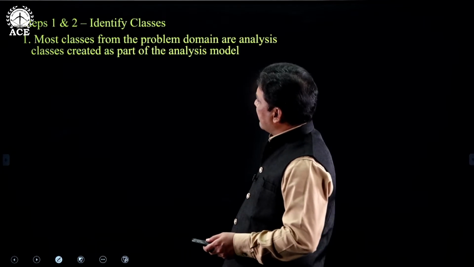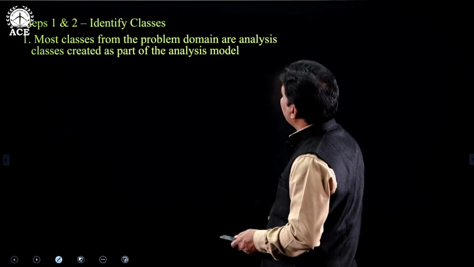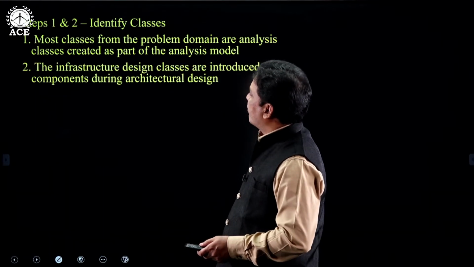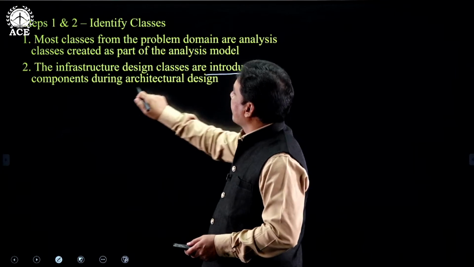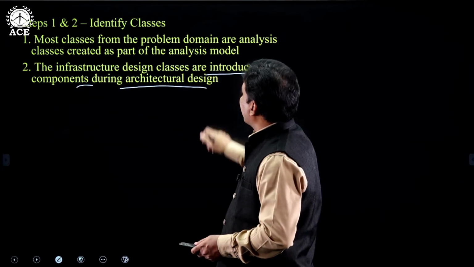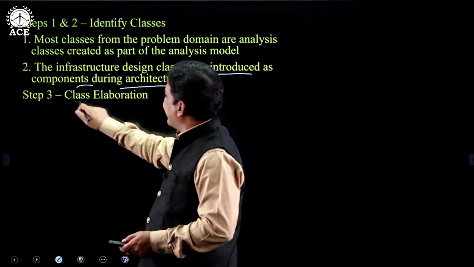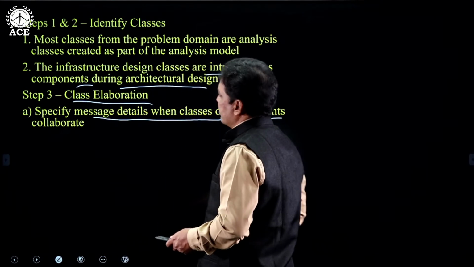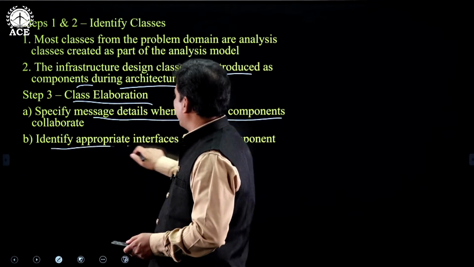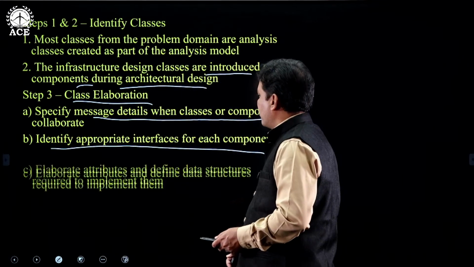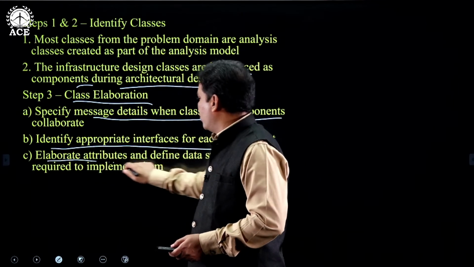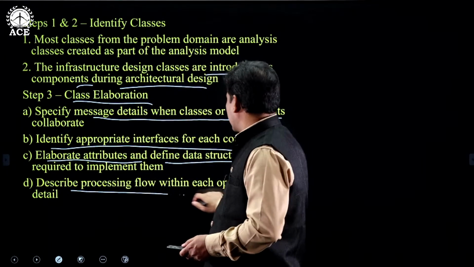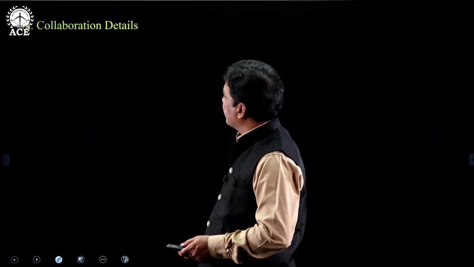Steps 1 and 2: identify classes. Most classes from the problem domain are analysis classes created as part of the analysis model. The infrastructure design classes are introduced as components during architectural design. So class elaboration, we had discussed: specify message details when classes or components collaborate, identify appropriate interfaces for each component, elaborate attributes and define data structures required to implement them, and describe processing flow within each operation in detail.